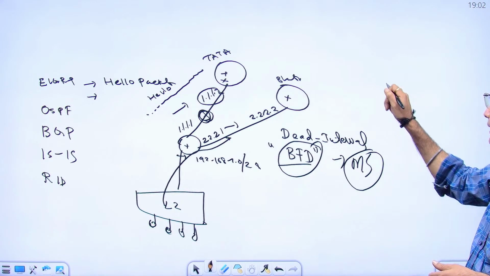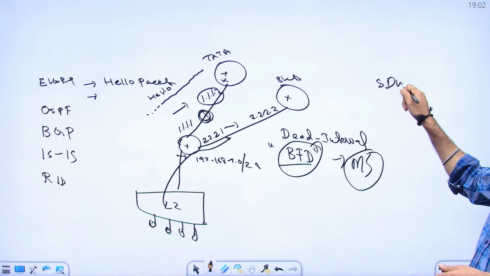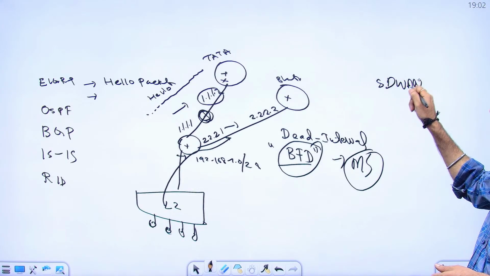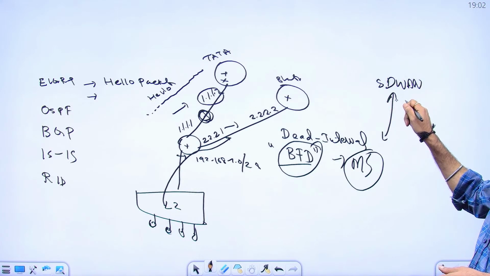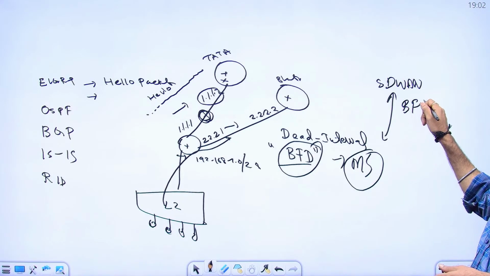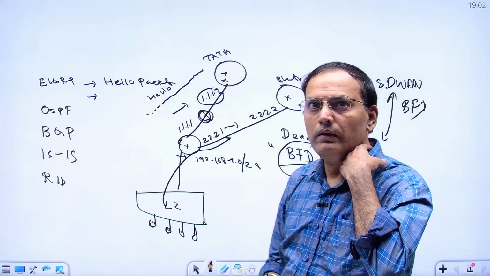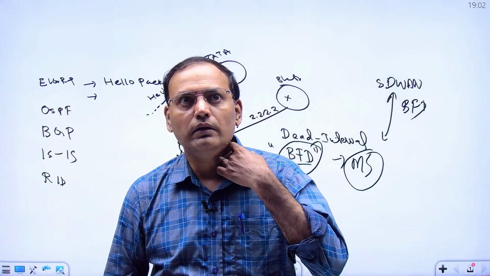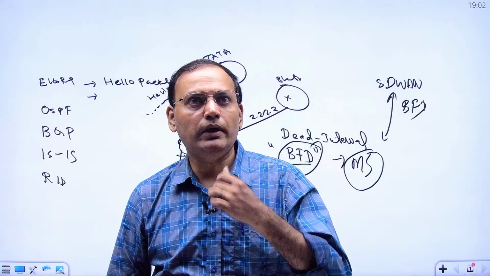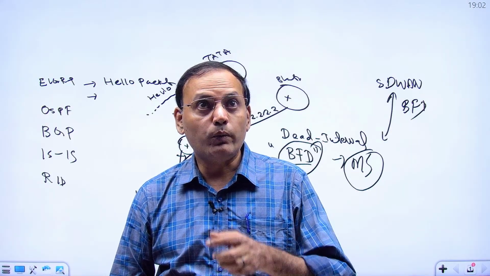Even in SD-WAN technology, BFD is enabled by default for faster convergence. Are there any queries so far?